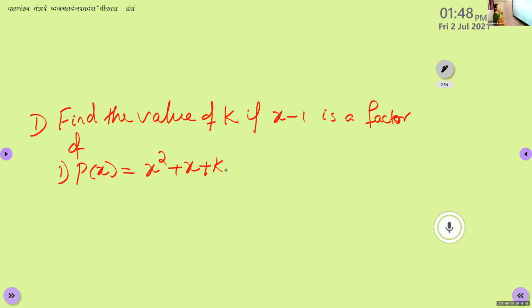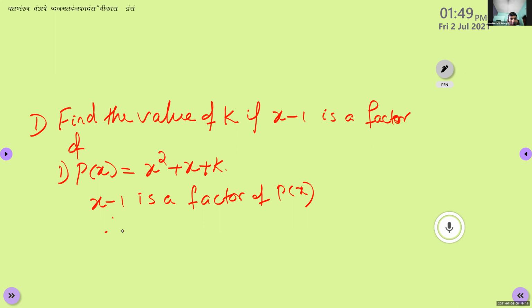Write the question. Find the value of k if x minus 1 is a factor of the given p of x. X minus 1 is a factor of this p of x, isn't it? So, therefore, we can write, what can we write?